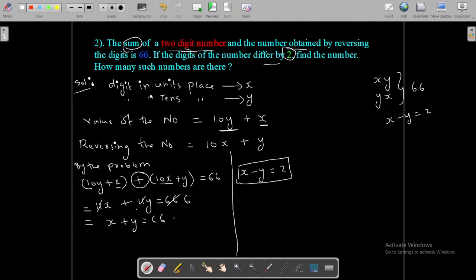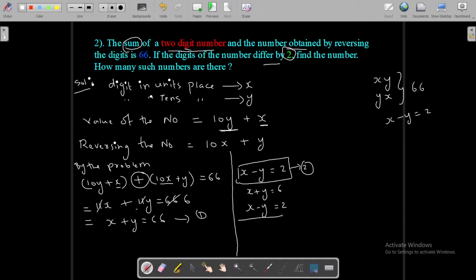This is our first equation and this is our second equation. Again, we have to solve these equations. x plus y is 6, x minus y is equal to 2.